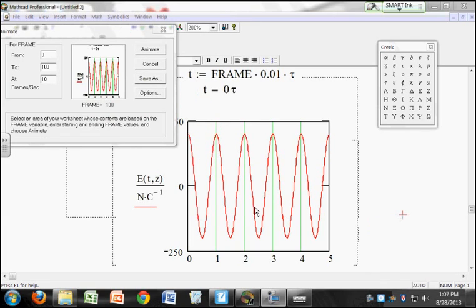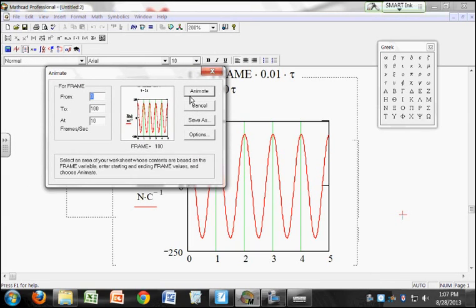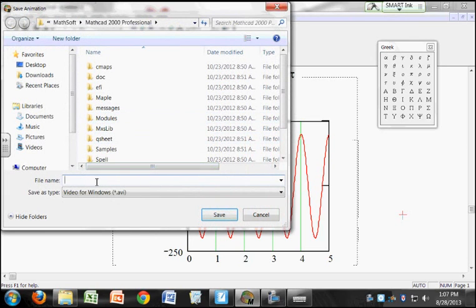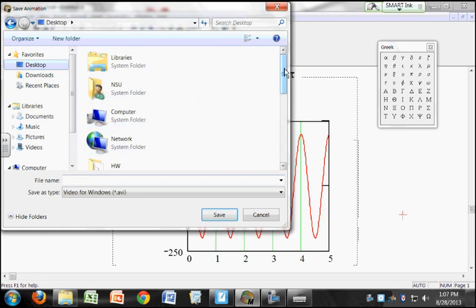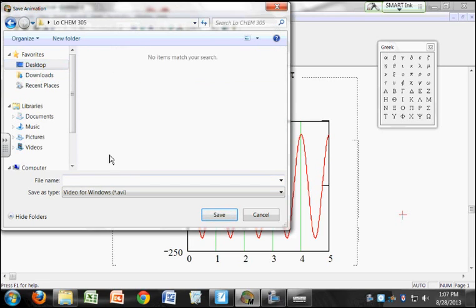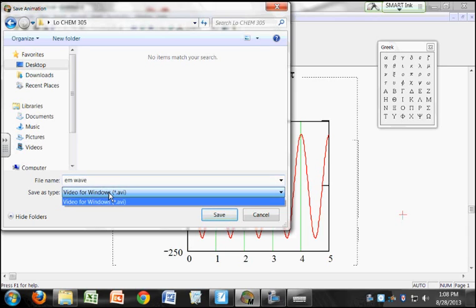All right, so from the animation dialog box, you have a save as option. Okay, so if you hit save as, you can save your animation. It's an AVI file. So let me just put this on the desktop in my folder here. So EMWave, and the default extension is AVI.